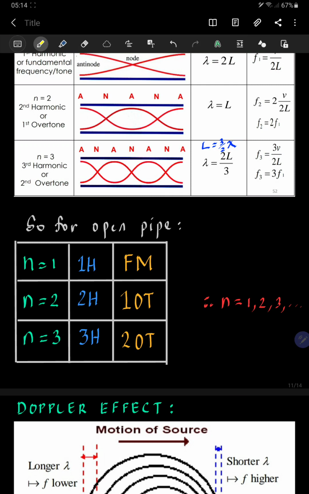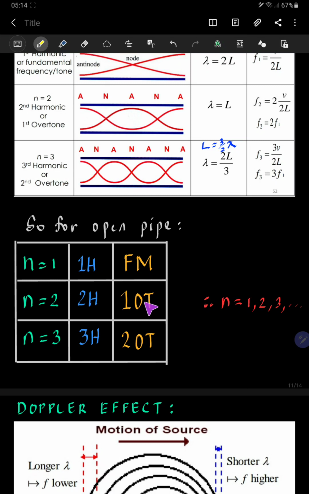For example, what is the frequency of the fifth harmonic? So our n equals 5, fifth harmonic. Or if given overtone terms in the question, for example, what is the frequency of the fourth overtone of the wave?